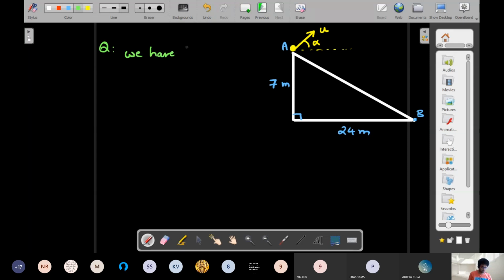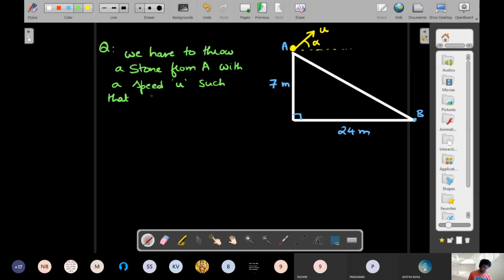We have to throw a stone or an object or a projectile, whatever you want to call it. You have to throw a stone from A with a speed u, right, with a speed u such that it hits the bottom B.